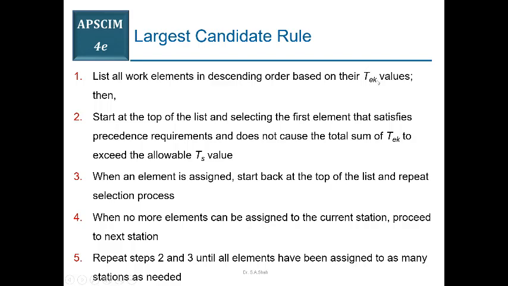So TEK values क्या हैं? ये operation times है. Largest, as the name implies, that we will try to assign the largest candidate first. Largest candidate means those operations or those candidates whose operation time is maximum.